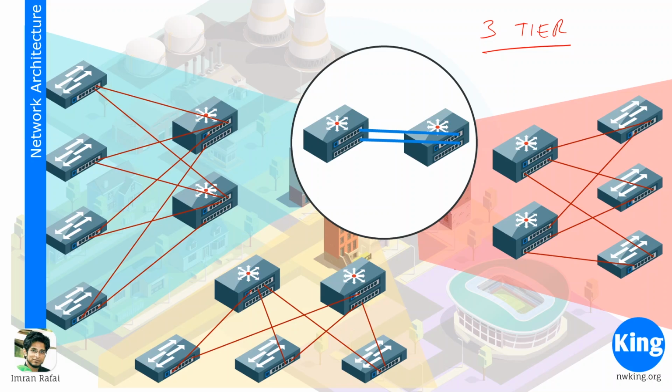So in 3-tier architecture, what Cisco says is you need to break up your network components into multiple levels or multiple tiers. So Cisco says you have certain switches which we call the access layer, right? Like the name says, the main function of the access layer switches is to connect the end devices.